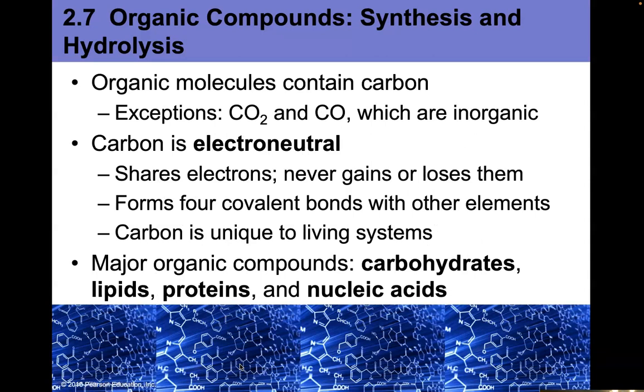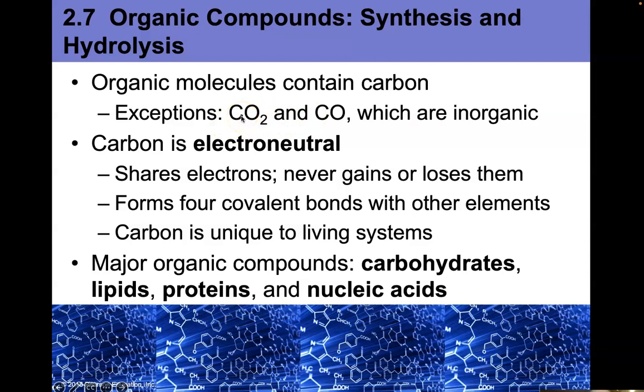Now, let's get into organic compounds. So now we've talked about our inorganic compounds, why they're important. This last section of this lecture is going to talk about organic compounds, okay? So organic molecules are going to be those that contain carbon, especially carbon-hydrogen bonds, okay? So our exceptions for organic molecules that contain carbon are going to be things like carbon dioxide.